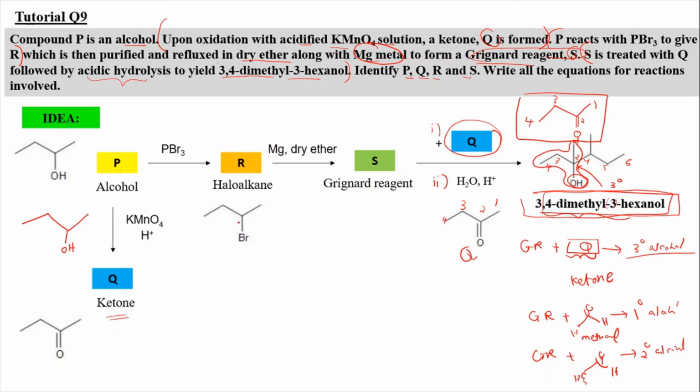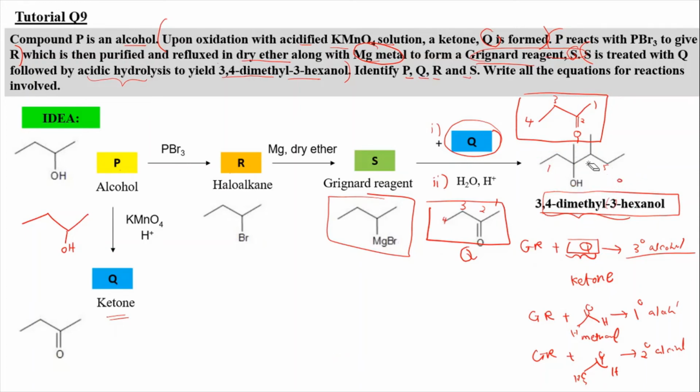So magnesium is going to be inserted at the Br here in order to form MgBr. Okay, so I'm going to write it that way. And my Grignard reagent here is going to react with Q in order to produce this product, which is 3,4-dimethyl hexanol. Okay, so here you can further.